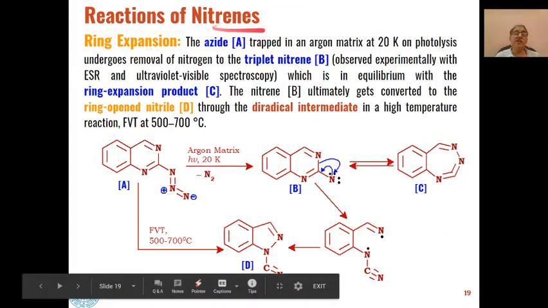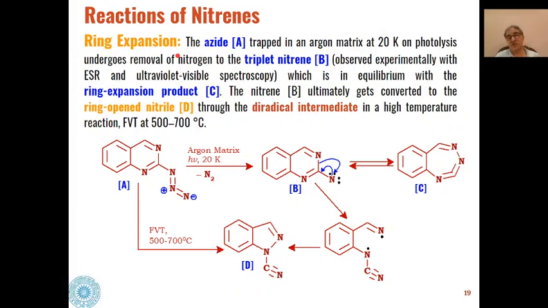The nitrenes can also undergo ring expansion reactions. For example, if we have this azide, when it is irradiated with UV light in argon as the medium, it will give us the nitrene with the elimination of one molecule of nitrogen gas.